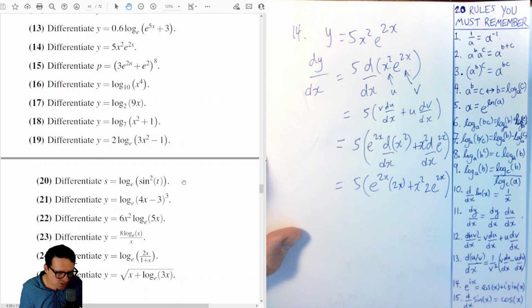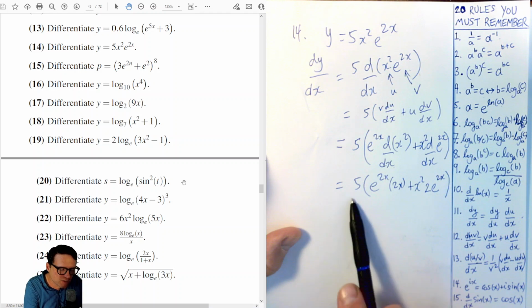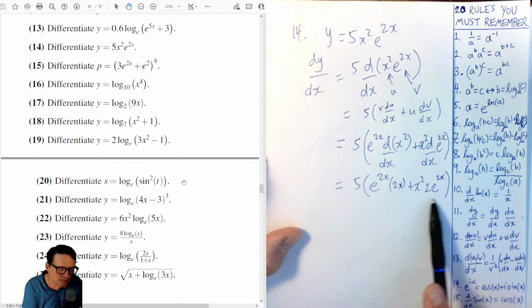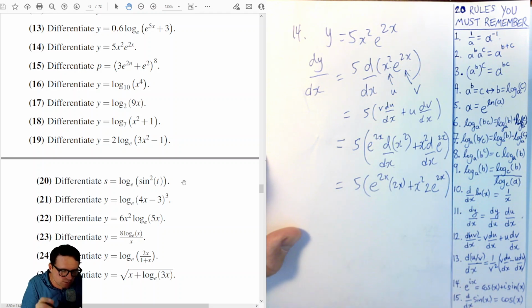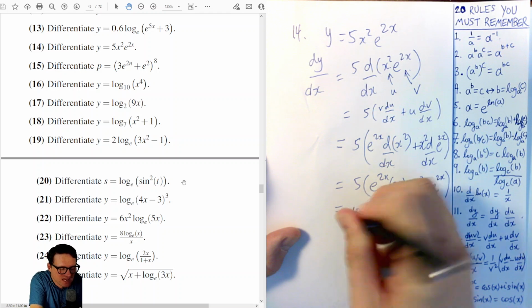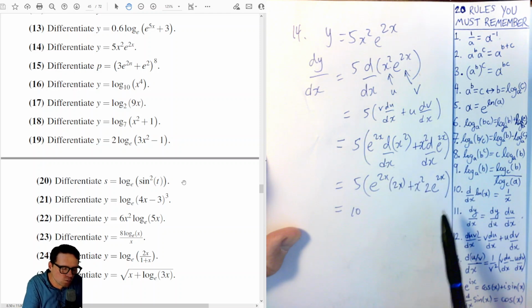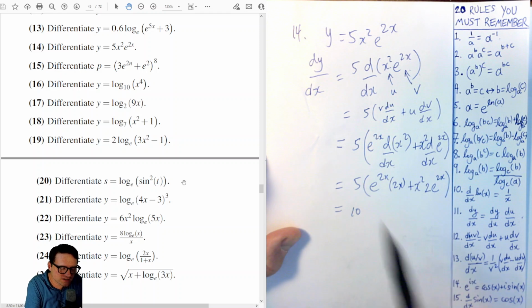All right, so now what we should do is simplify this. Let's expand our 5 and put it in, but then let's pull it back out. So I guess I should say let's pull the 2 out and combine that with the 5 and call this 10. Now, what's common here? An e to the 2x. There's also a common x.